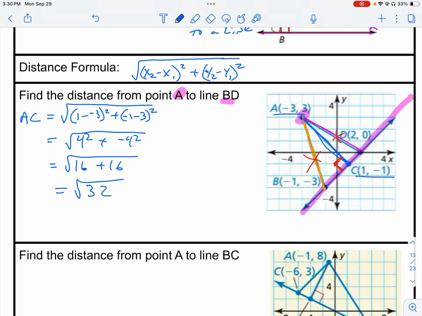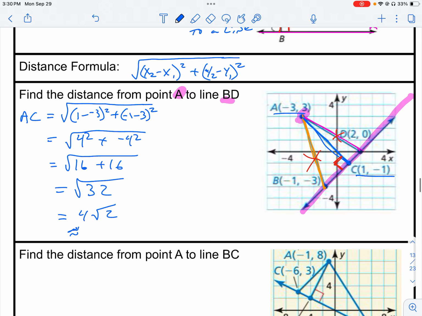So that's radical 32, which reduces down to 4 radical 2. Or if we put it in our calculator, it's going to be about 5.7 units.